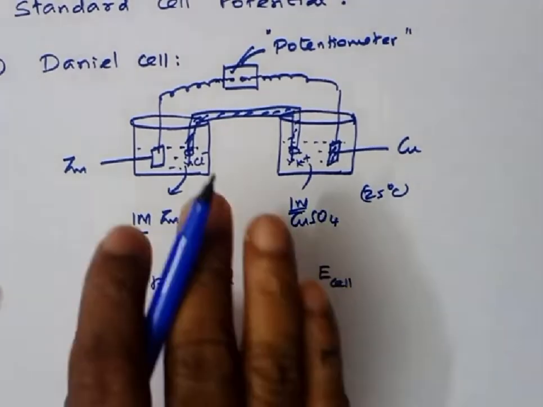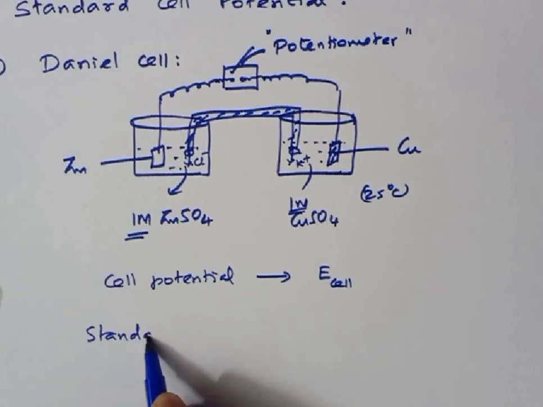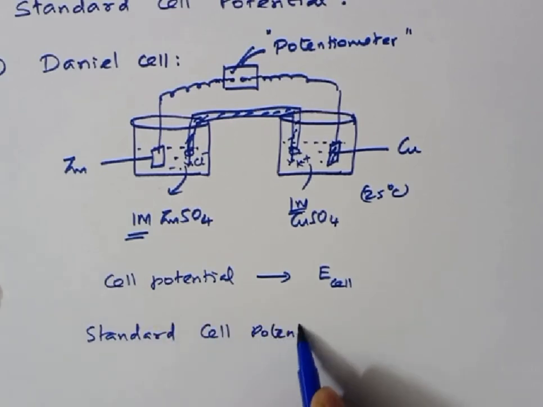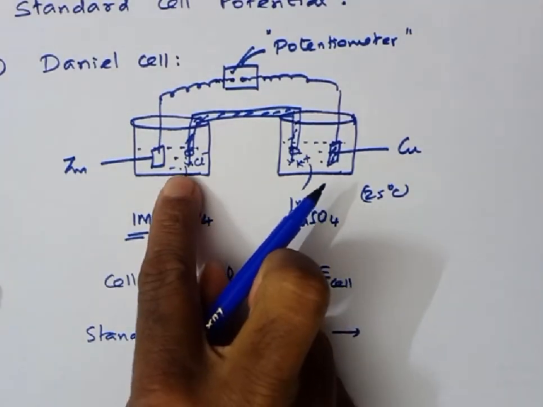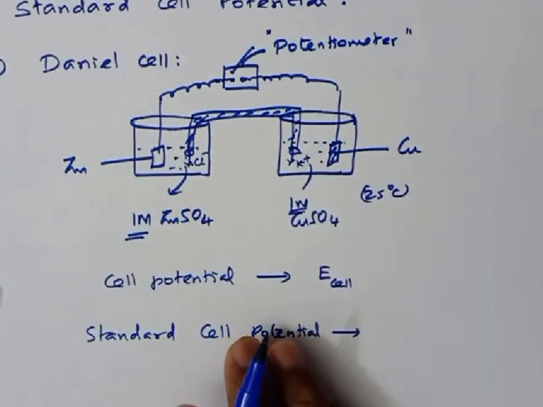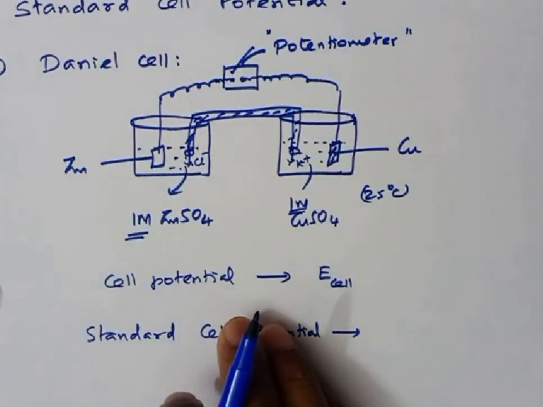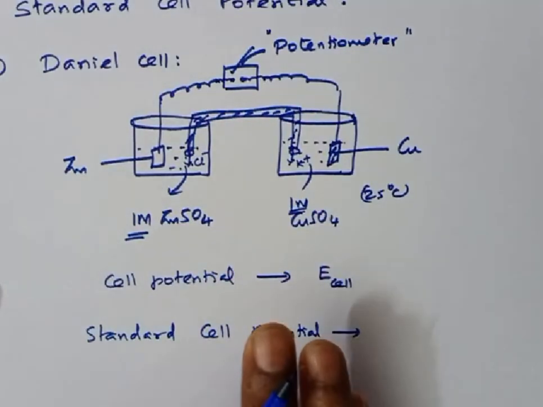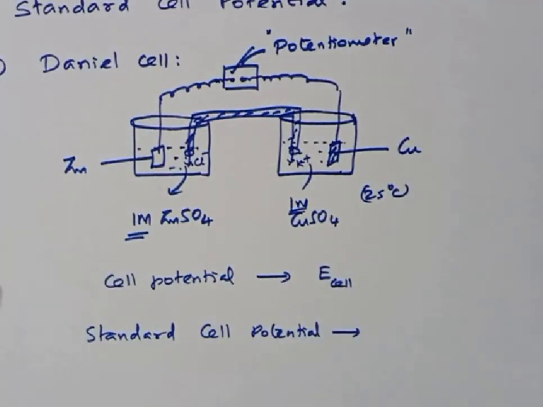So standard cell potential is the potential produced in the cell when we take 1 molar solutions of electrolytes, and if you keep the pressure as 1 atmosphere, in this case there is no gas involved, so you need not worry about that, and by convention we maintain temperature as 25 degree.